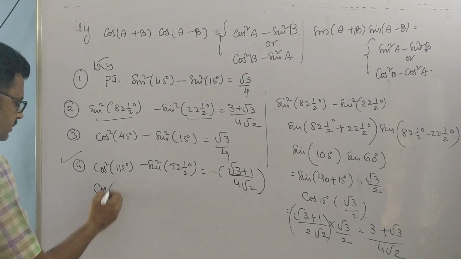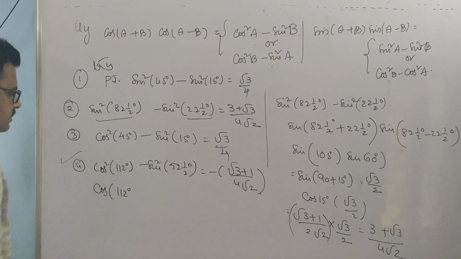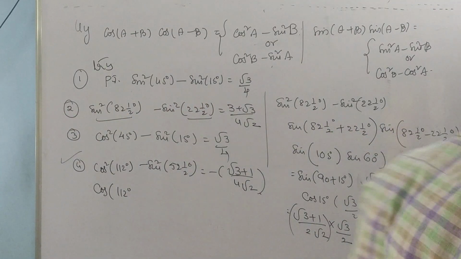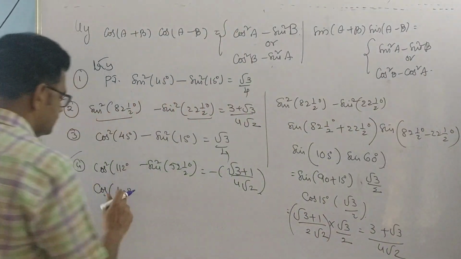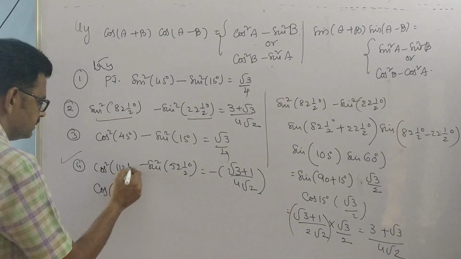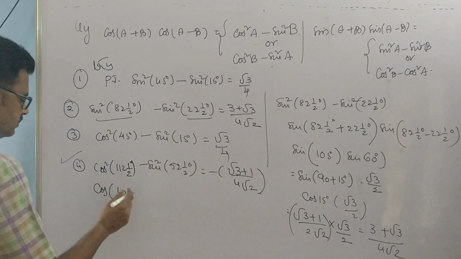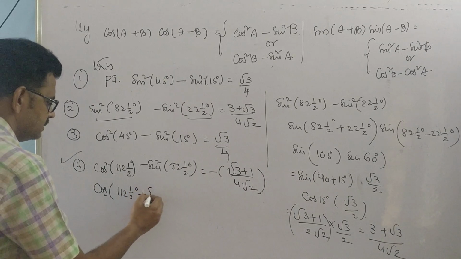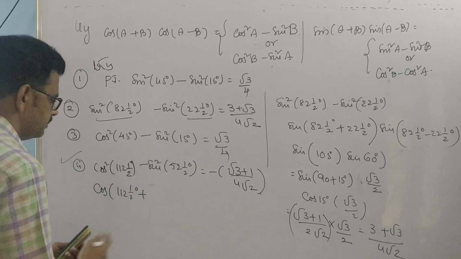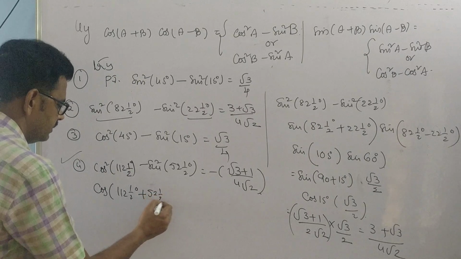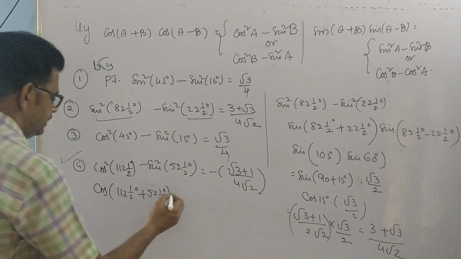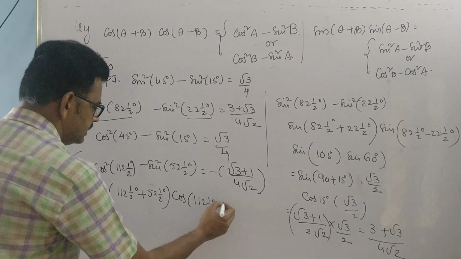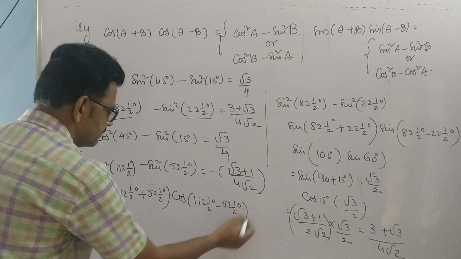Cos of a plus b, 112 and a half degrees plus 52 and a half degrees, into cos of 112 and a half degrees minus 52 and a half degrees.